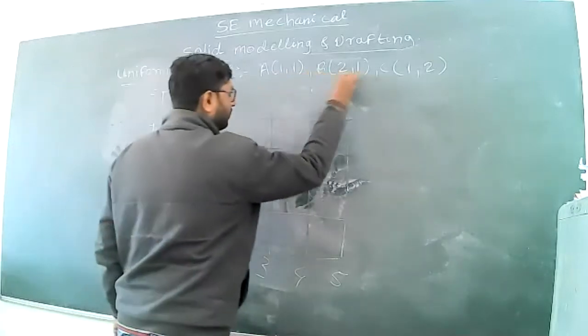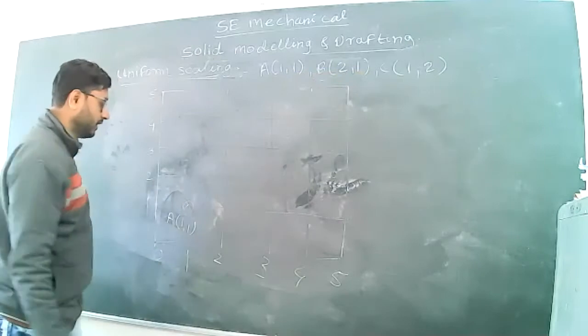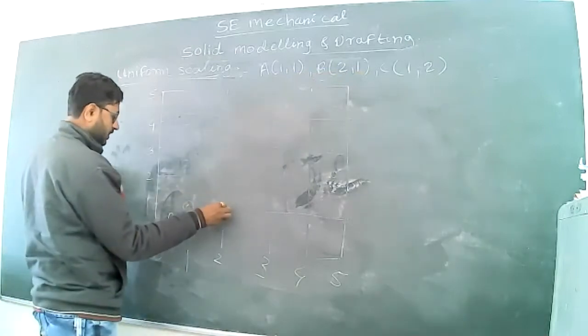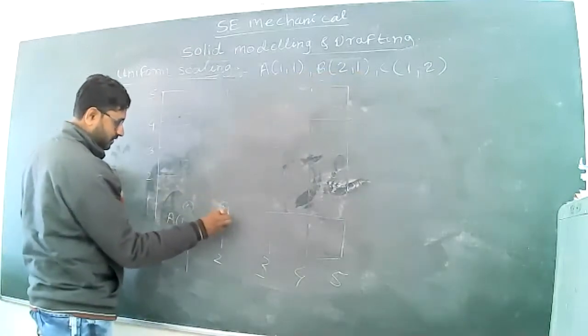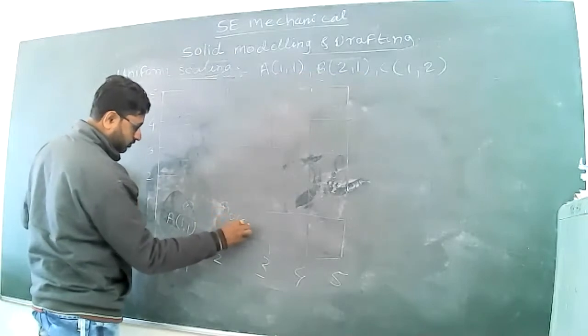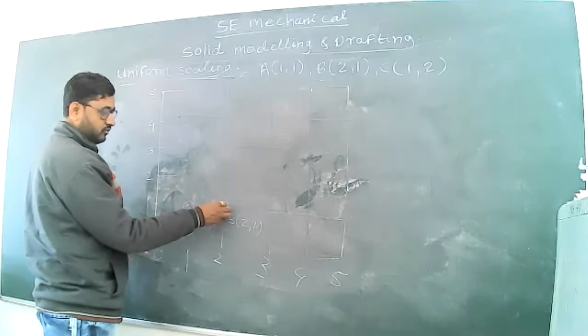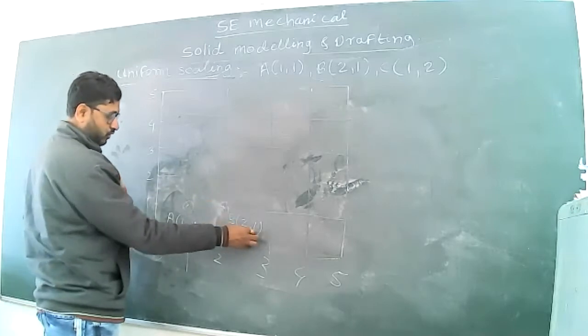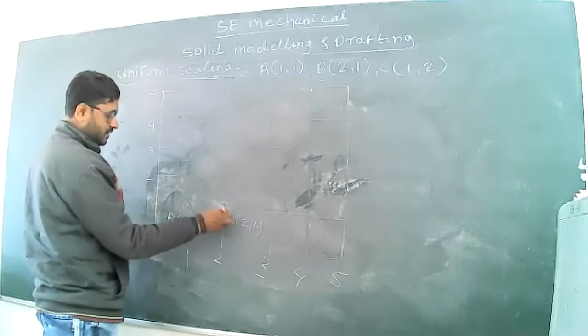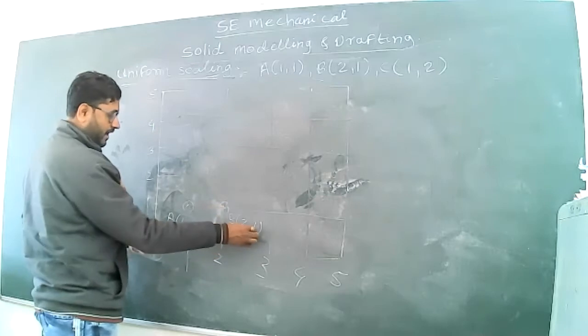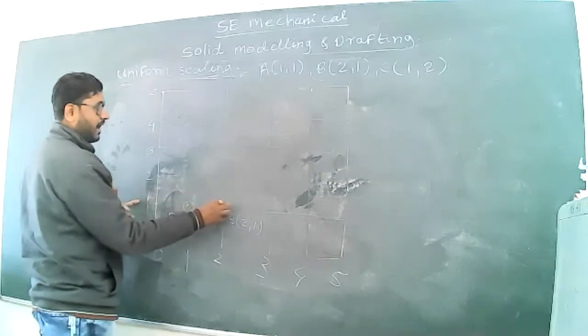Similarly, locate point B at 2, 1, which means x distance is 2 and y distance is 1. We have to locate this point on the graph as B 2 1, because x distance is 2 and y distance is 1.